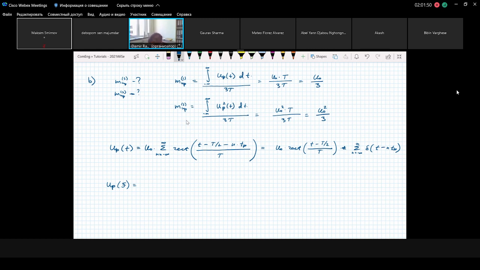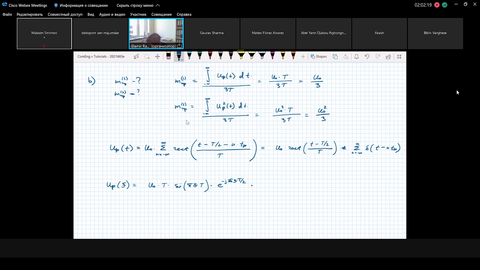So first we take the Fourier transform of our original signal. We get u0 times capital T times sinc function of pi f capital T, times an additional shift in the time domain, exponential minus j2 pi f t over 2, times the sequence of delta pulses.